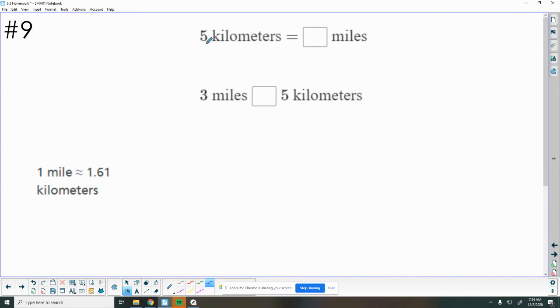Number 9, we've got 5 kilometers turning into miles. So we've got km and miles. 1 mile is 1.61 kilometers, so close to each other. And I have 5 kilometers, and I want to see how many miles that is.